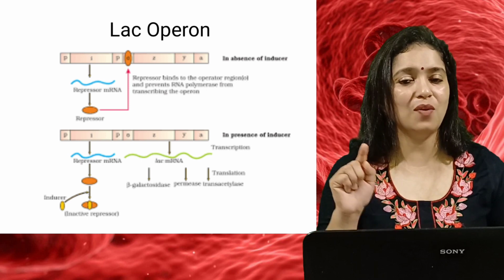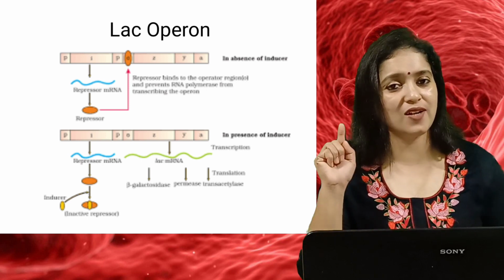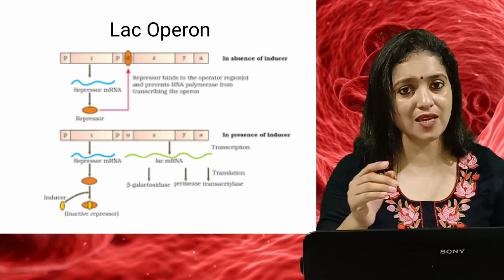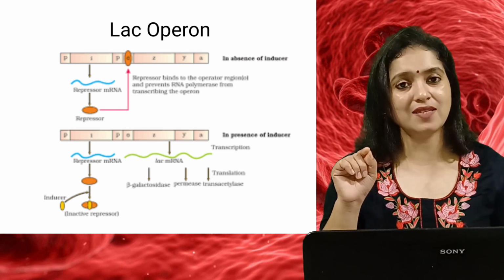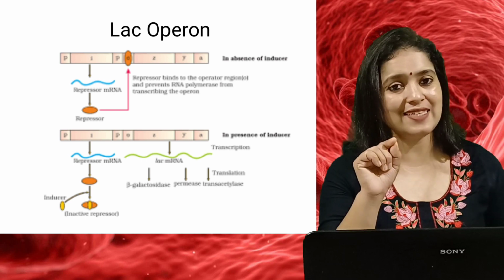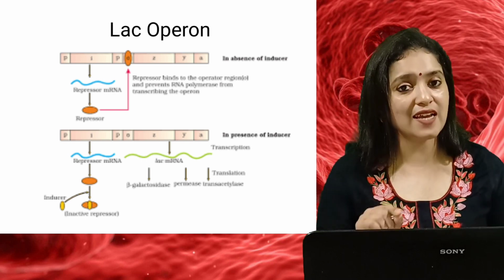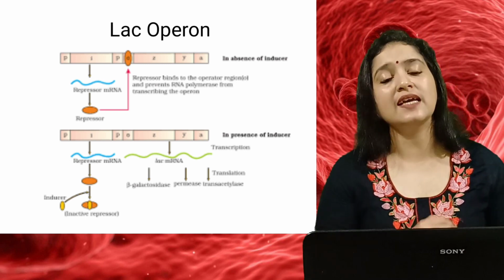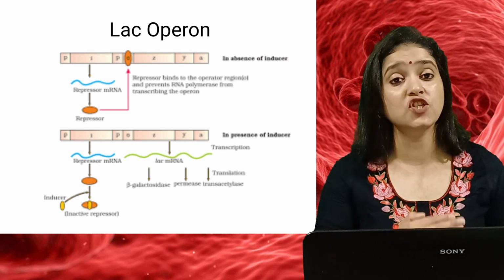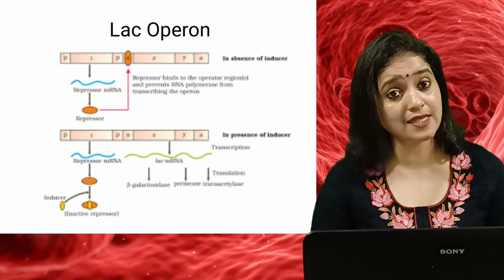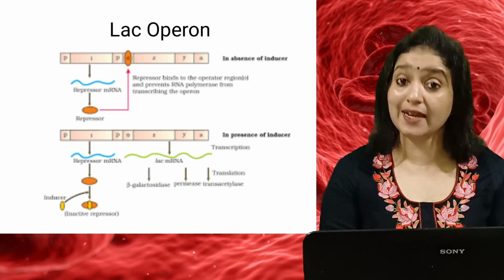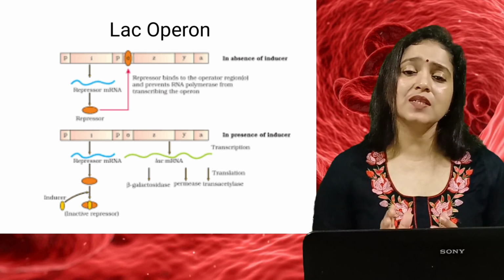Structural gene Z, structural gene Y, structural gene A. Each of these genes produces the enzymes such as beta-galactosidase, permease and trans-acetylase respectively. Beta-galactosidase is the enzyme which breaks down or digests our lactose. Okay, so that is it.